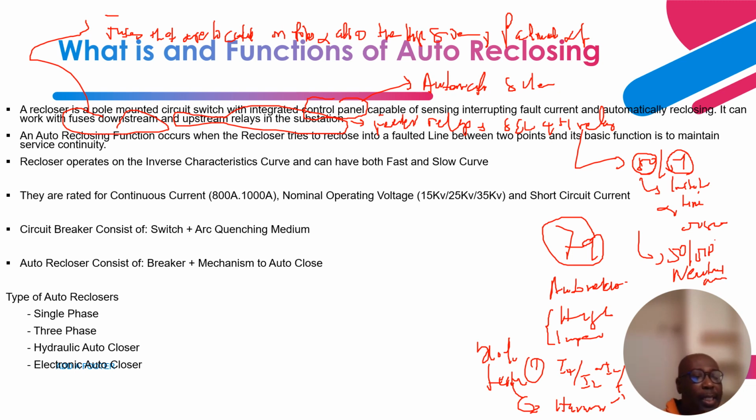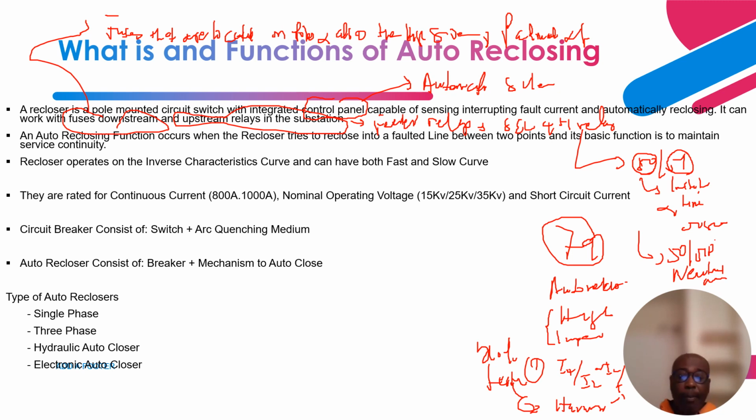Also, the auto reclosing function occurs when the recloser tries to reclose. So you have a fault on a line, and the auto recloser is programmed to reclose usually 2 to 3 times if the feeder is on overhead lines.